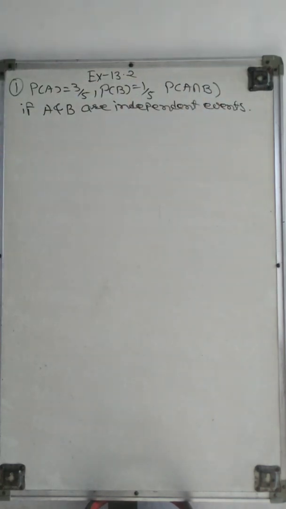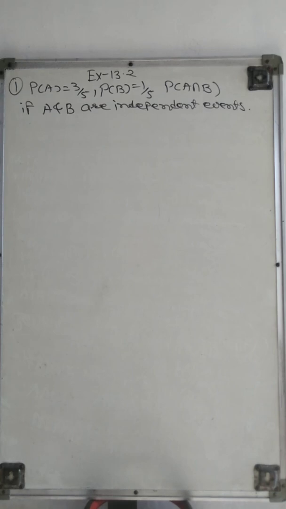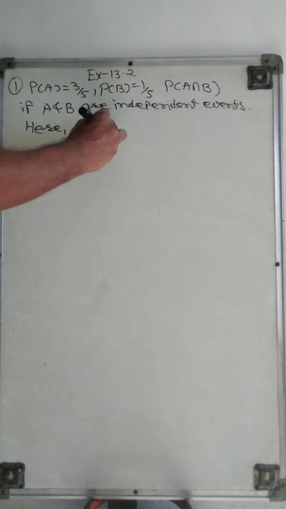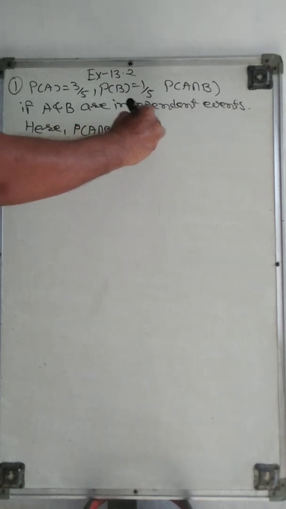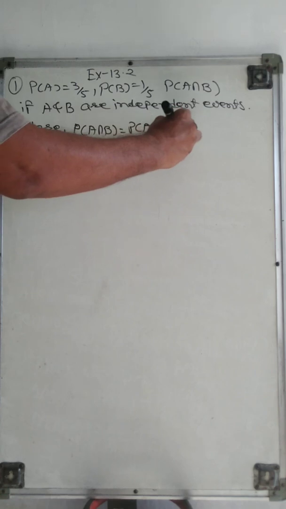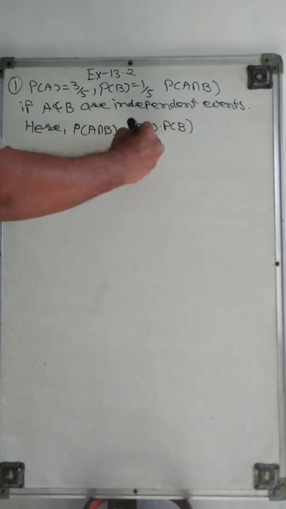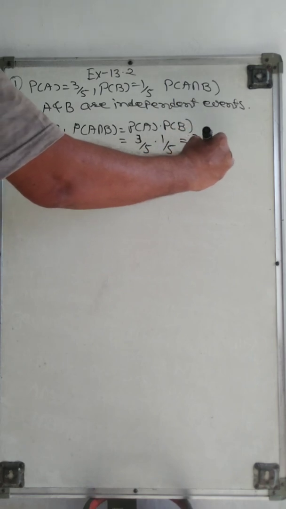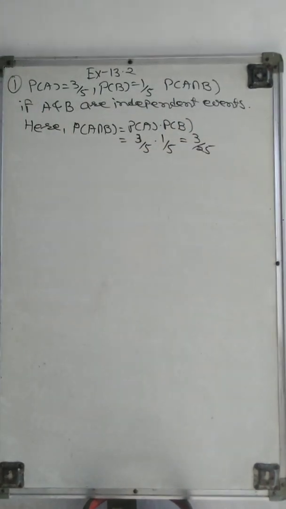Right? So here A and B are independent events, so P(A intersection B) is equal to P(A) into P(B). Therefore 3 by 5 into 1 by 5 is 3 by 25, which is our required answer. Now we go for the next one.